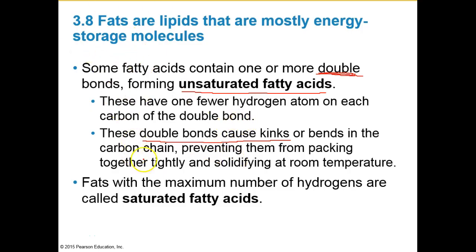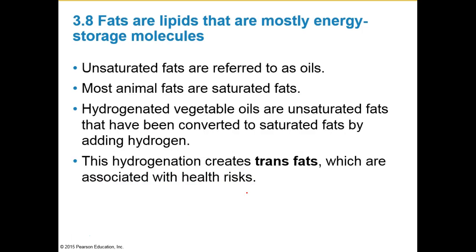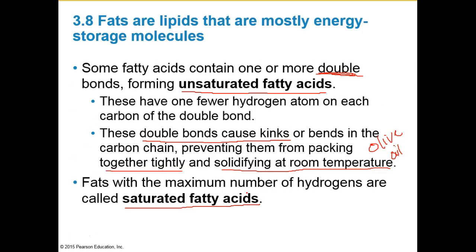So when they can't pack together tightly, they don't solidify at room temperature. A good example is olive oil. Okay? So this is an unsaturated fatty acid because it's liquid at room temperature. Fats with the maximum number of hydrogens are called saturated fatty acids or saturated fats. Okay? There you go. These guys are also, by the way, solid at room temperature.